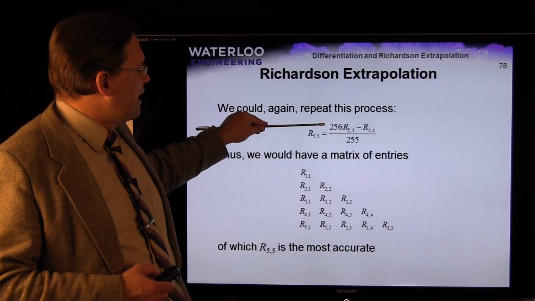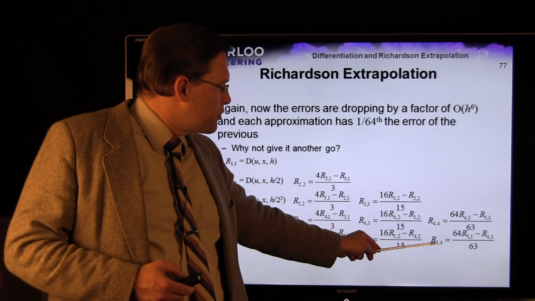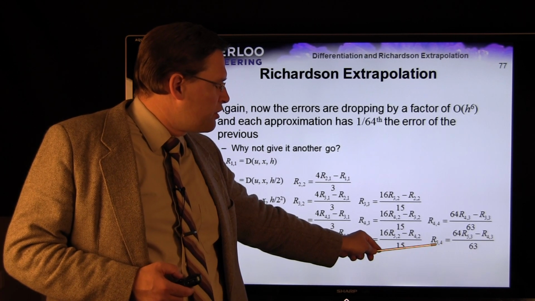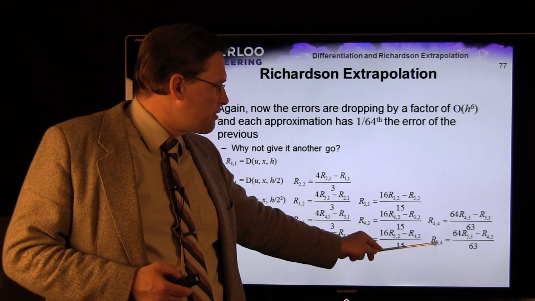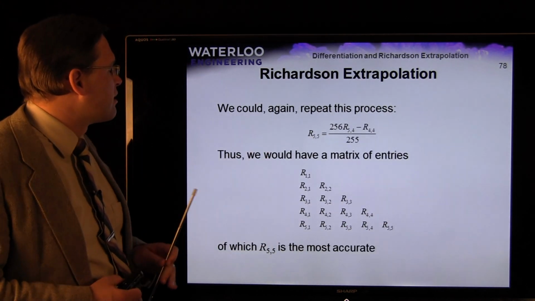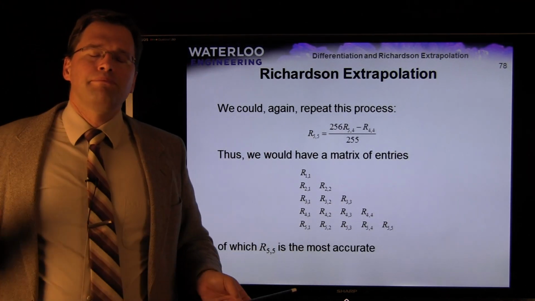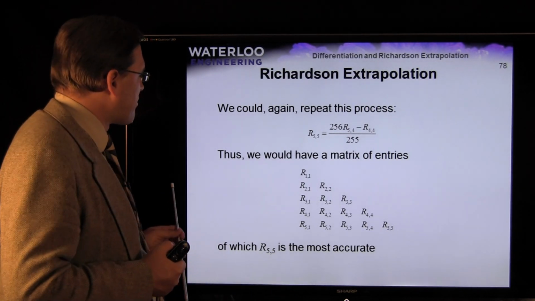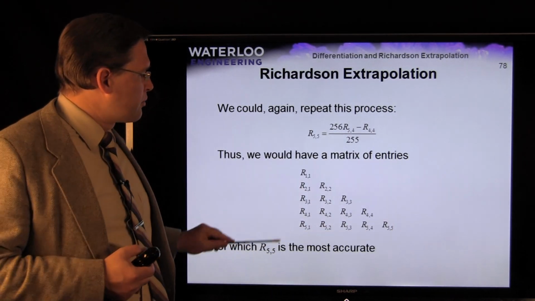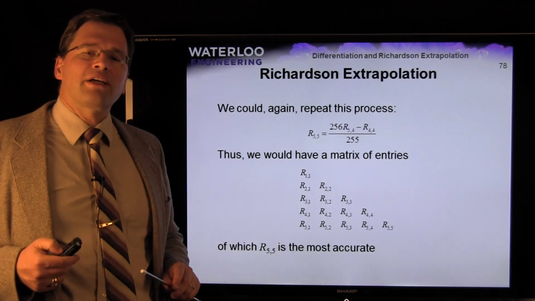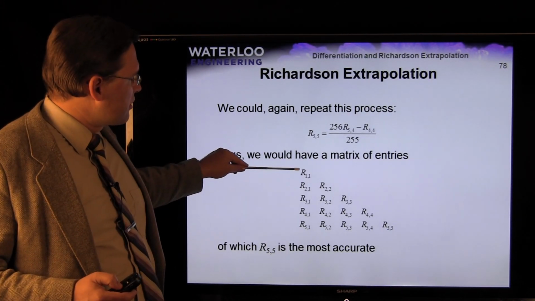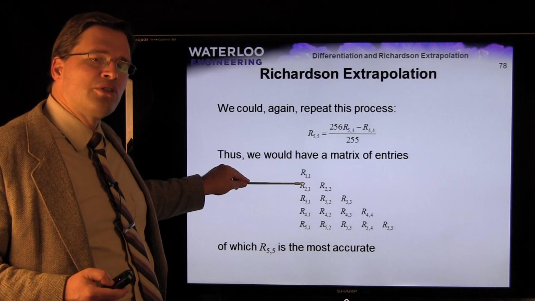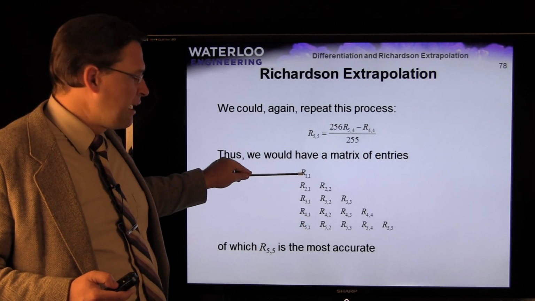So now we could take 256 times this value, subtract off that value, and divide by 255. We probably will not be getting this far. However, notice that this essentially creates a matrix of entries. So we could actually solve this quite easily. Calculate this value using h over 2, h divided by 2.